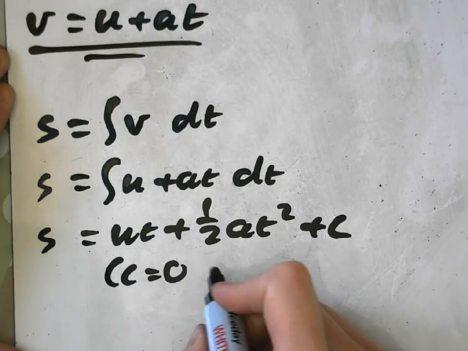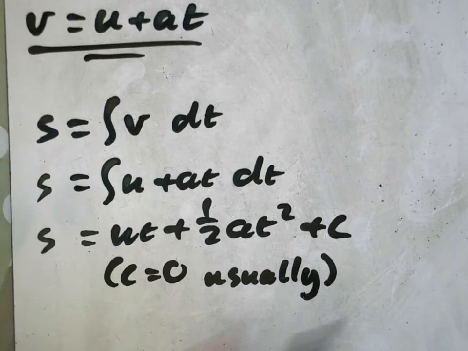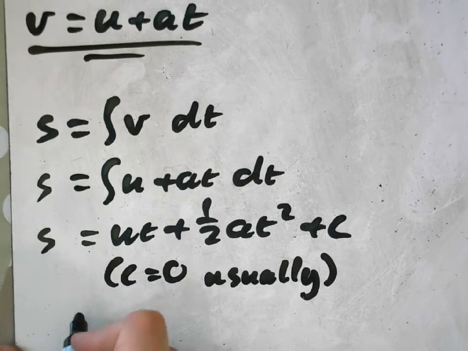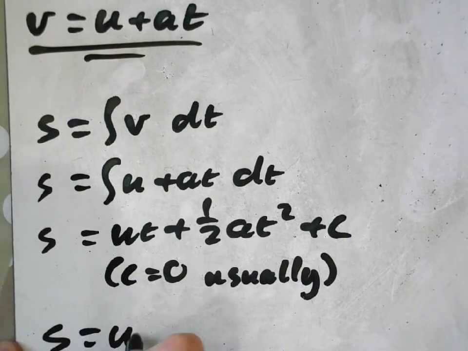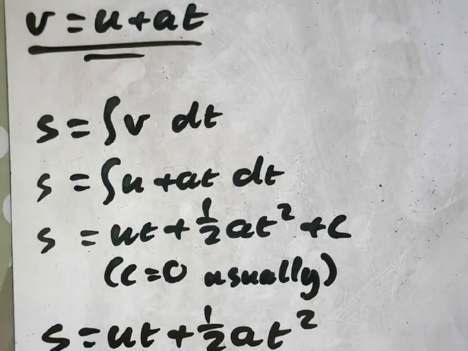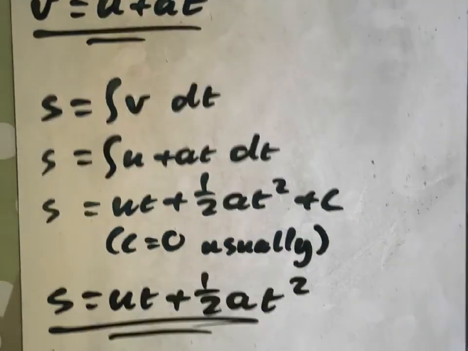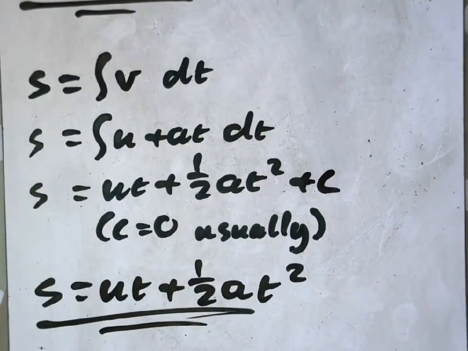C is 0 usually. And if you think about the way we've done other problems, if c is not 0, we add on the initial displacement if we need to. So for the purposes of this, we can say that c is 0, and if it's not, we add it on anyway. So s equals ut plus a half at squared. So there are the two proofs just to fill in at the start of the set of notes if you haven't managed to do that on your own.